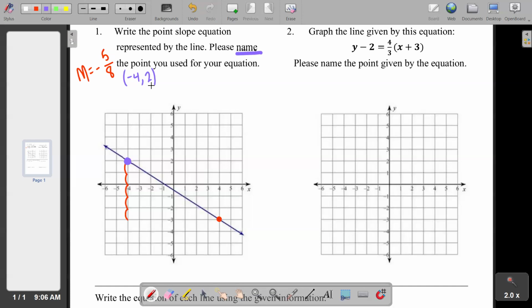Make sure you write that down so that I can see your intent. And then the equation that would come from that line would be y minus 2 equals -5/8 of x plus 4. It changes to a plus because it would have been minus a negative.